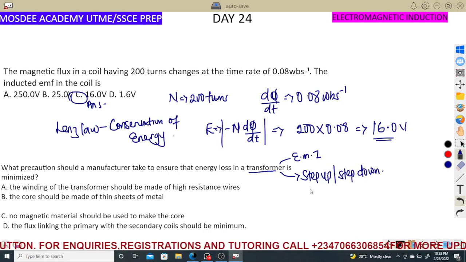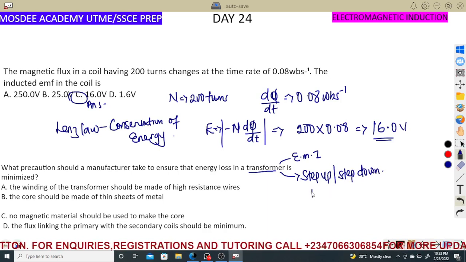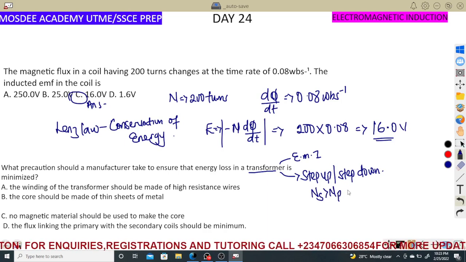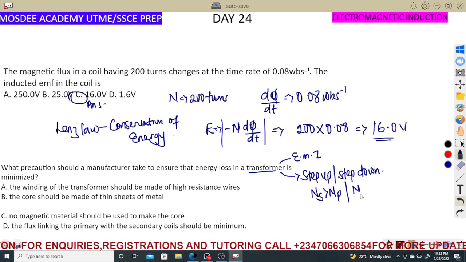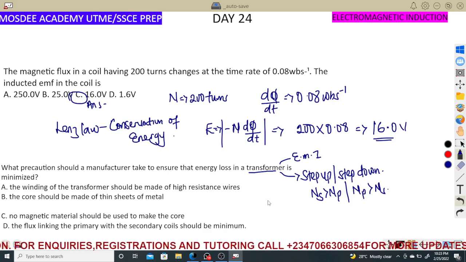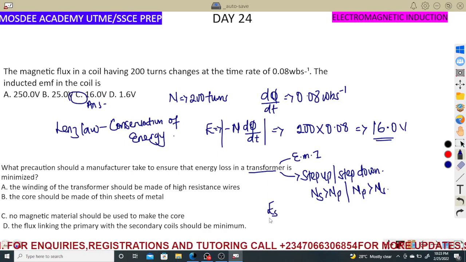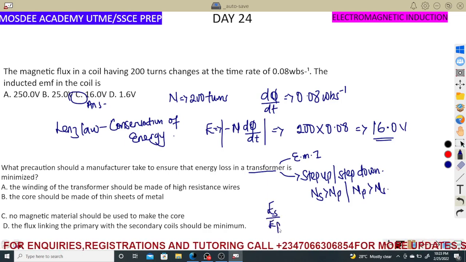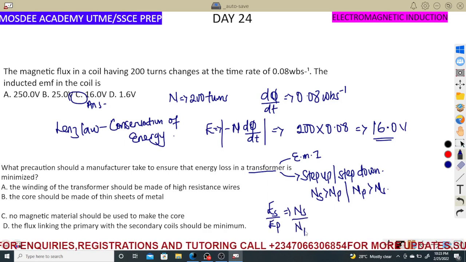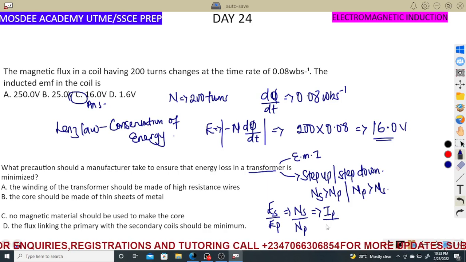A step up transformer has more coils in the secondary than the primary, so the number of turns in the secondary is greater than that of the primary. However, in a step down transformer, the number of turns in the primary is greater than that in the secondary. The EMF in a transformer is given as Es over Ep equals Ns over Np, which equals Ip over Is.